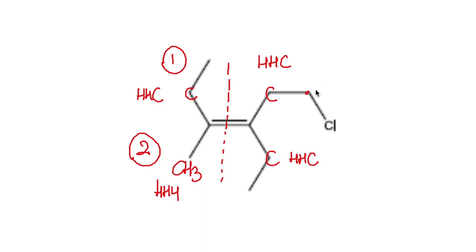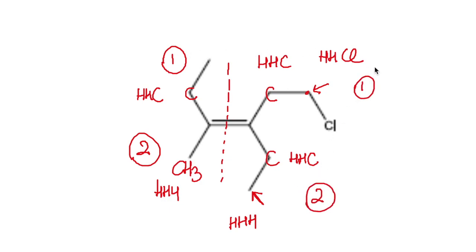So we move to the next carbon, and the next carbon is the one that I'm pointing with the arrows. So on the top, we have H, H, and Cl, and at the bottom, we have H, H, H. Because the chlorine is heavier than the H, this is going to have my 1, this is going to have my 2, and so the two 1s are on the same side, and this molecule is going to be Z.